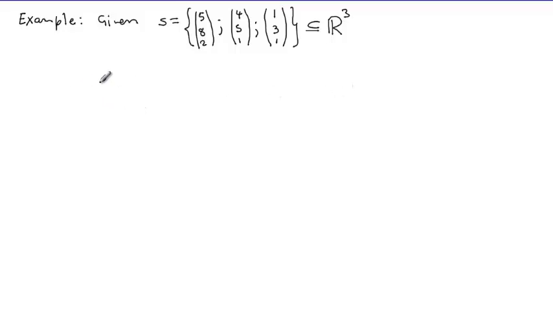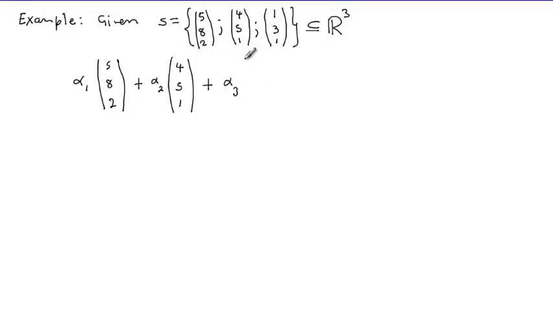Now, we set up our equation, let's say alpha 1 multiplied by (5, 8, 2) plus alpha 2 (4, 5, 1) plus alpha 3 (1, 3, 1).